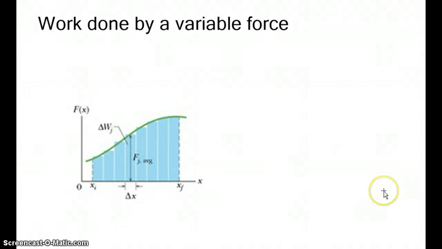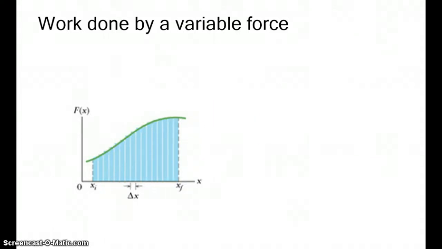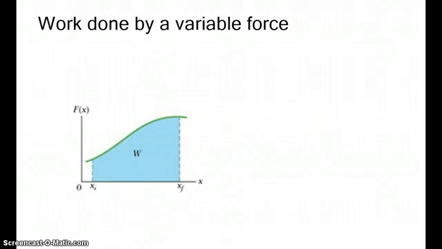So we can make small rectangular areas, but we're still going to have some either overestimation or underestimation. And we can make them smaller and smaller. What we eventually end up with is an integral.